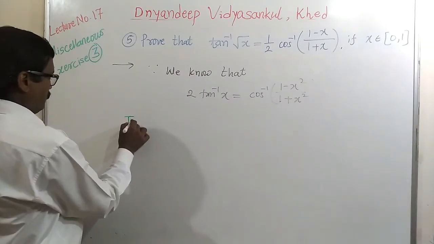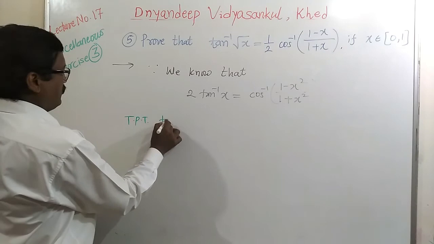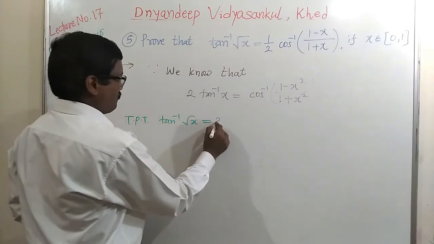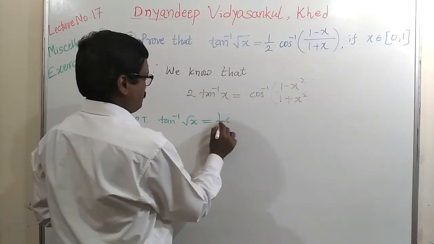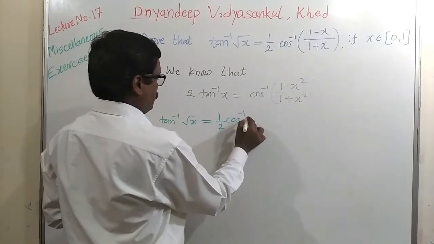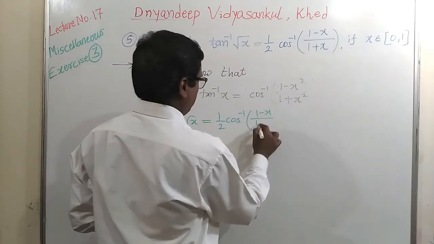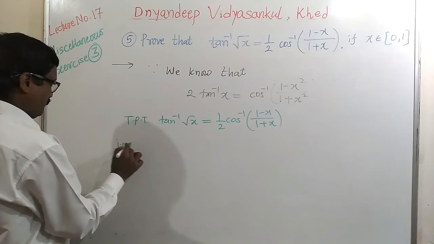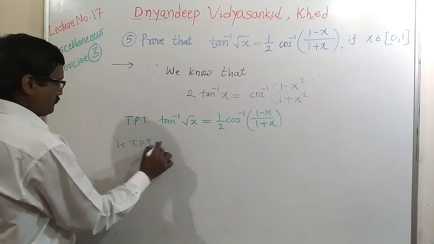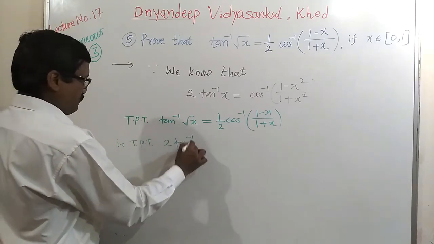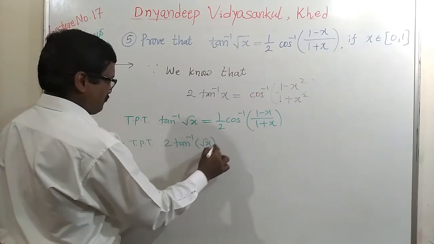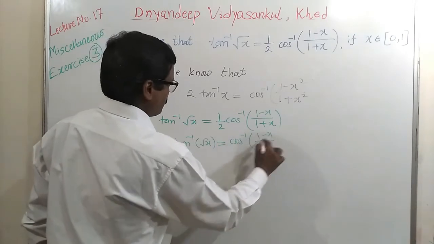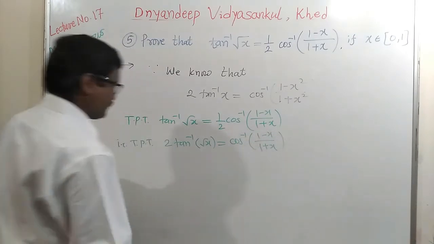Here, to prove that tan inverse of root x is equal to 1/2 cos inverse of 1 minus x upon 1 plus x, that is, take this to the left, that is to prove that 2 tan inverse of root x equal to cos inverse of 1 minus x upon 1 plus x.